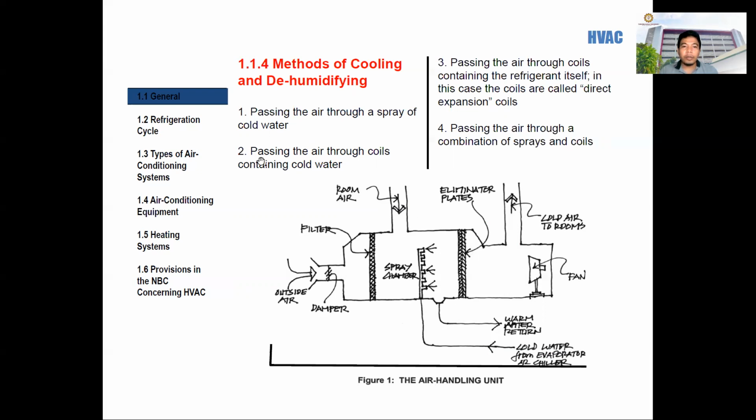And number 2 is passing the air through coils containing cold water. And number 3, passing the air through coils containing the refrigerant itself. In this case, the coils are called direct expansion coils. And number 4, passing the air through a combination of sprays and coils.